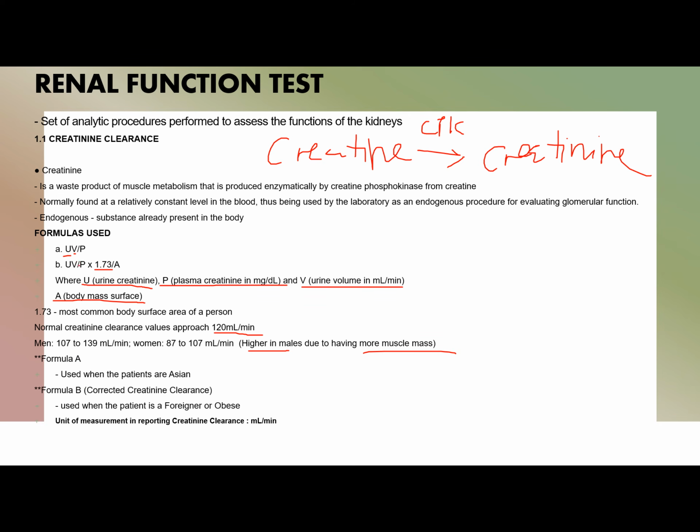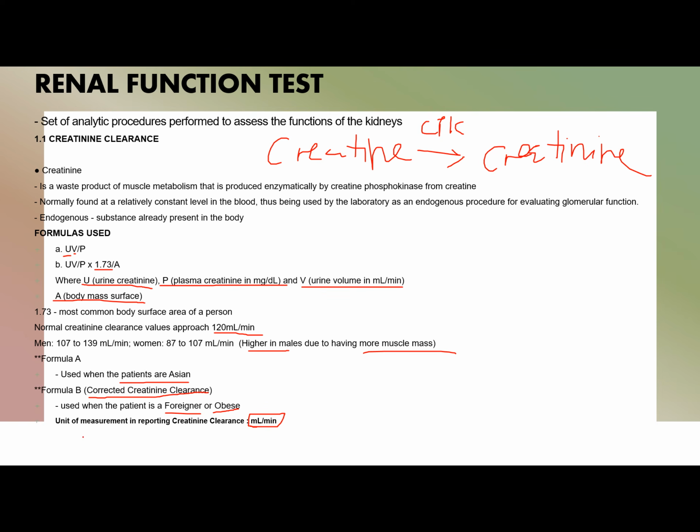So when do you use the two formulas? Gagamitin mo yung urine creatinine times the urine volume in ml per minute divided by plasma creatinine kapag ang patients mo are Asian. Pero gagamitin mo yung formula B, also known as the corrected creatinine clearance, kapag ang patient mo is foreigner or obese. And take note, class, that the final unit of your creatinine clearance should be ml per minute.